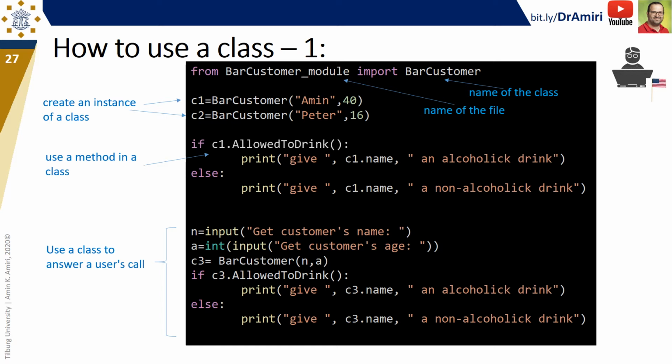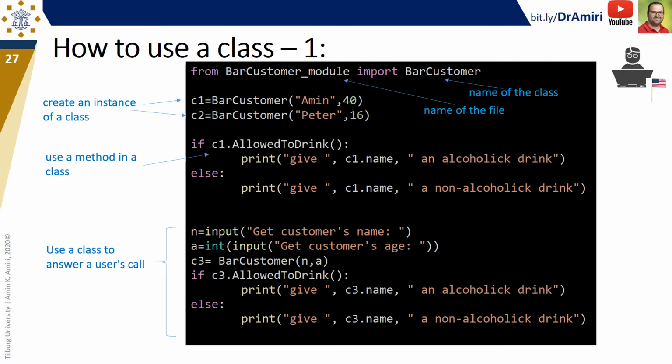So we know that C1.age is 40. So allowed_to_drink will compare the age of C1, 40, with 18, so it's greater than 18, so it returns True.